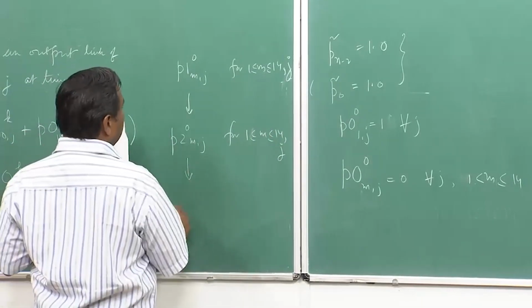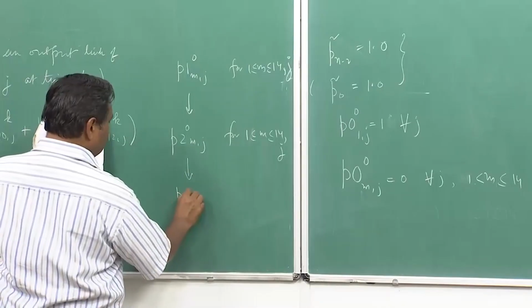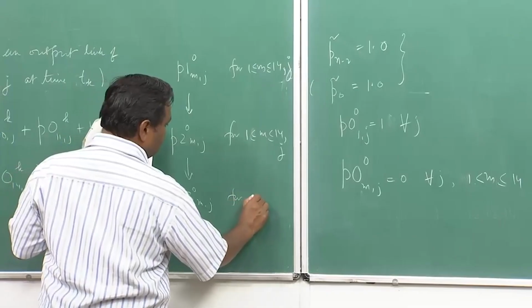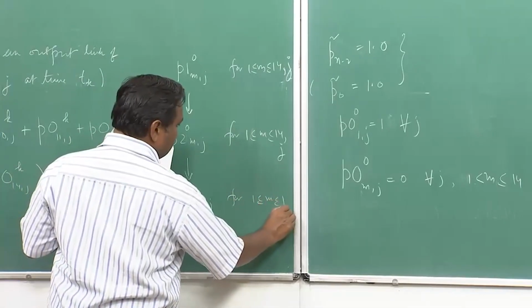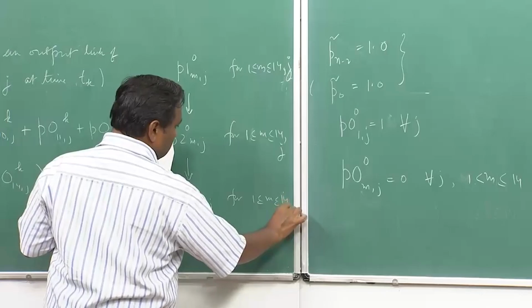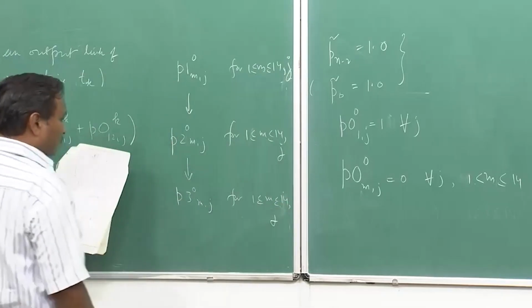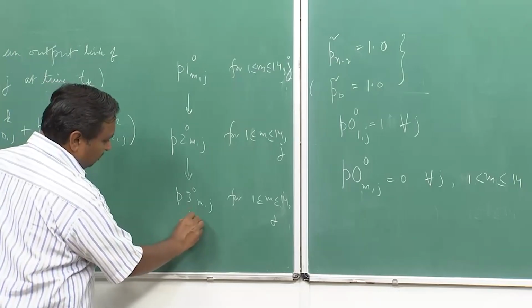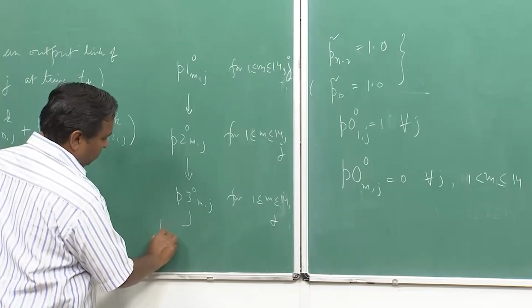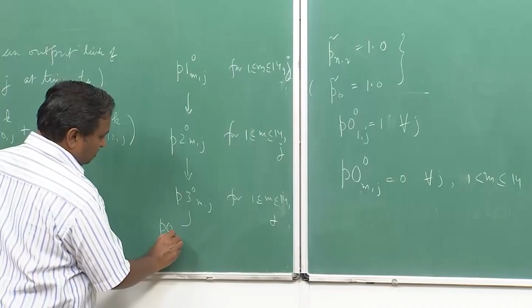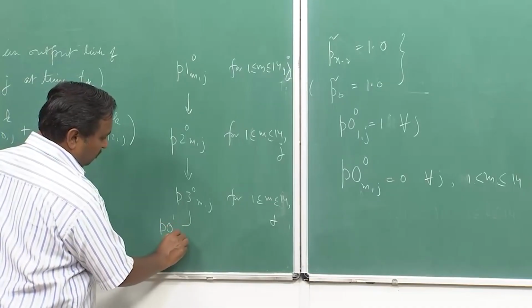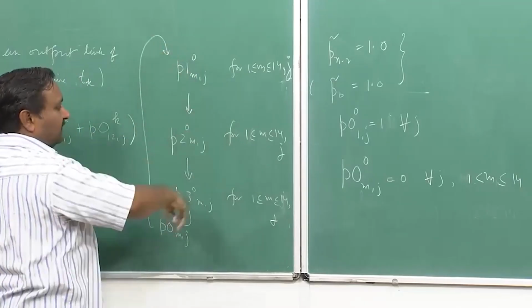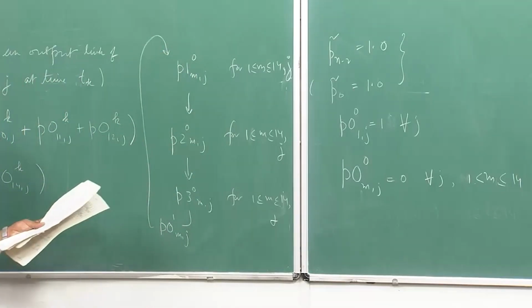From there you will be doing P 3 m j for all values of m and all values of j, and this becomes your P of 0 for step 1 now, m j. This will be fed here, and then the next iteration will happen.